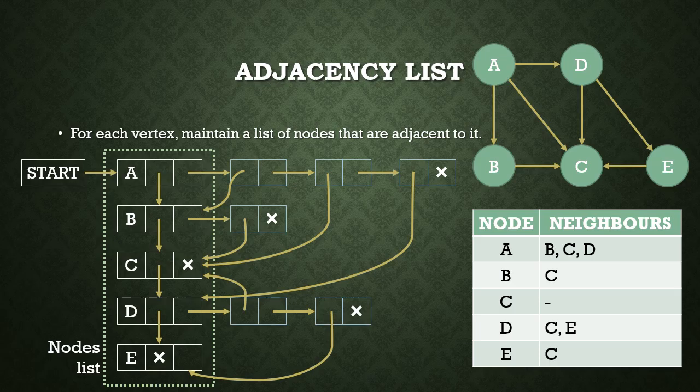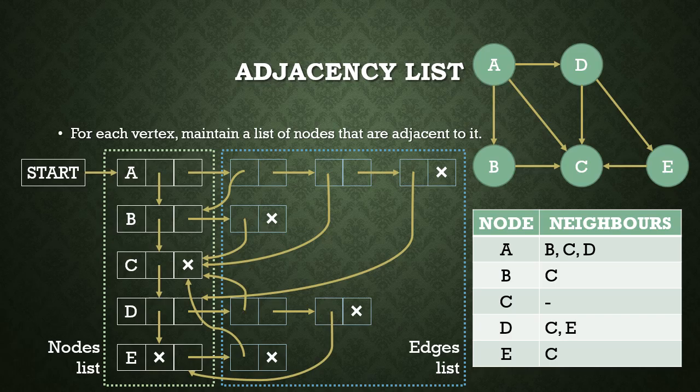Now we come to the node containing E. E has only one edge from E to C. So the adjacency list pointer points to a two-field data structure, and the first field of this data structure points to C. And the second field, the next field of this data structure is none.